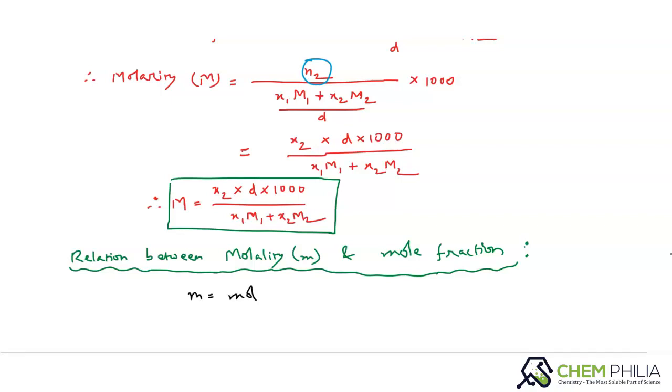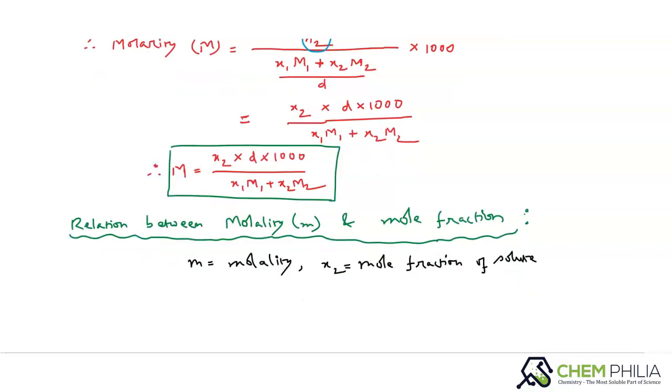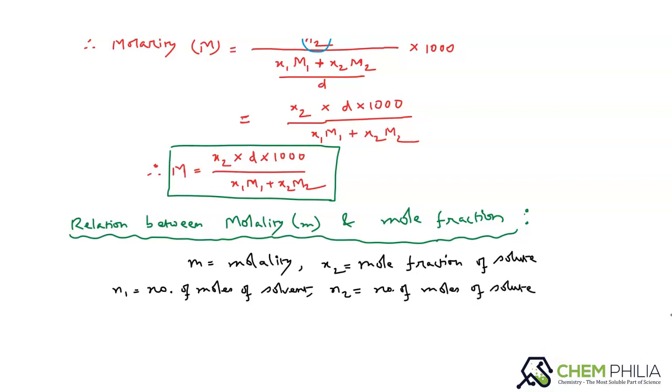So here we are writing small m is equal to molality, x2 is equal to mole fraction of solute, and n1 is number of moles of solvent, n2 is equal to number of moles of solute.